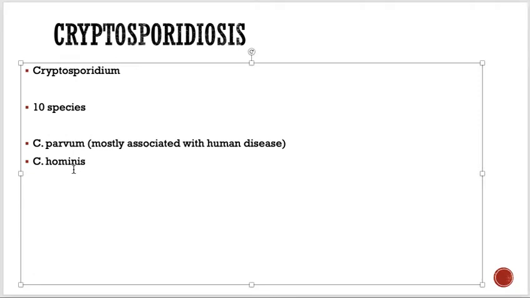Previously, Cryptosporidium hominis was also called Cryptosporidium parvum genotype 1, and this one was called Cryptosporidium parvum genotype 2. But then they changed the name to Cryptosporidium hominis.